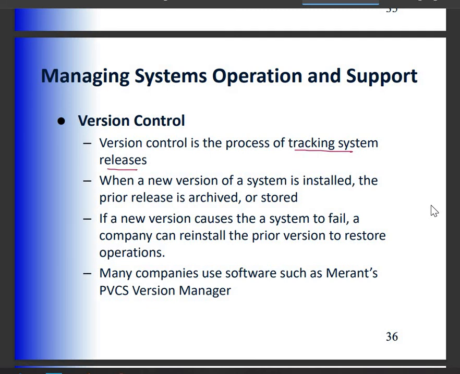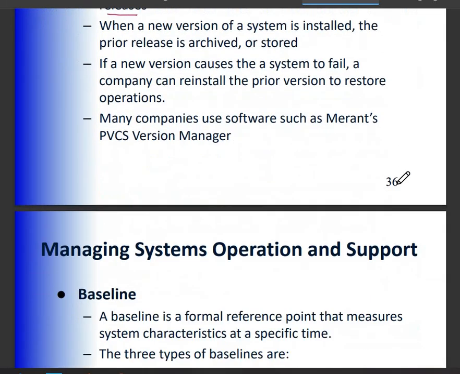If a new version causes a system to fail, a company can reinstall the prior version to restore the operations. So, kita ada banyak companies yang menggunakan pelbagai software. Contohnya, meruns PVCS version manager.